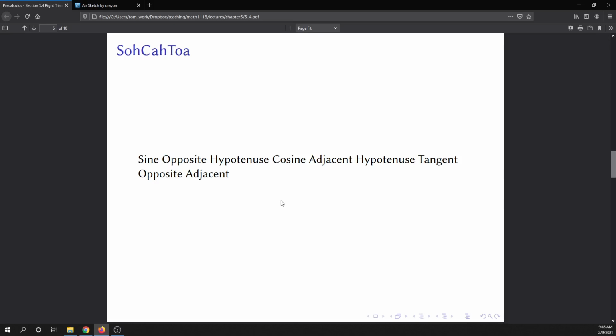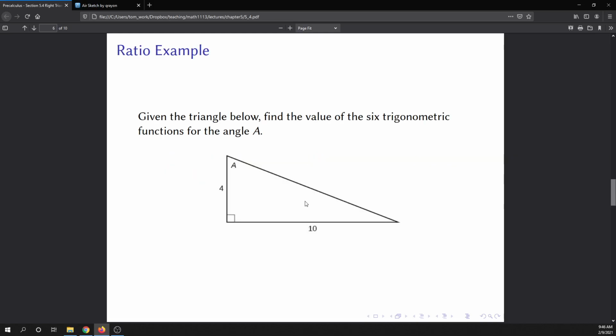All right, and so that is the general idea of how to define the trigonometric ratios in terms of a triangle instead of the unit circle. In the next video, we are going to work through an example of finding those 6 trigonometric functions using the triangle.